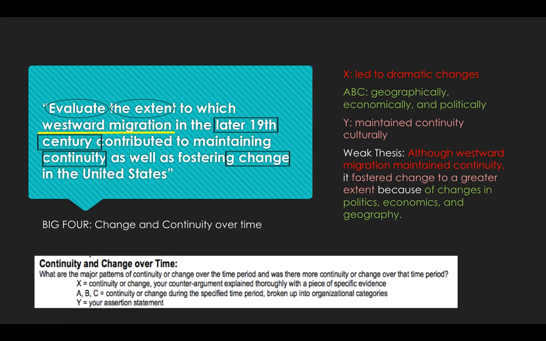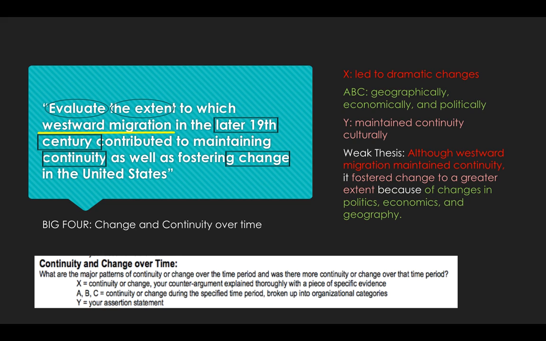And so here, if I'm the reader, I'm sitting here thinking, how? So what? And you'll see that history really focuses on answering the so what question. Although westward migration maintained continuity. So what? Why do I care that it maintained continuity? You haven't given me an example of how.